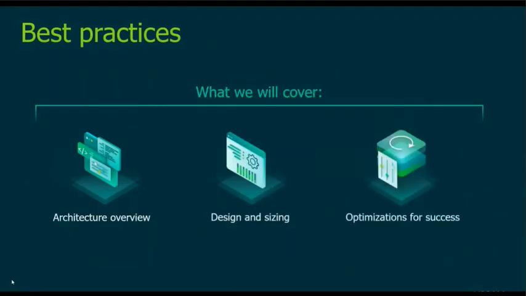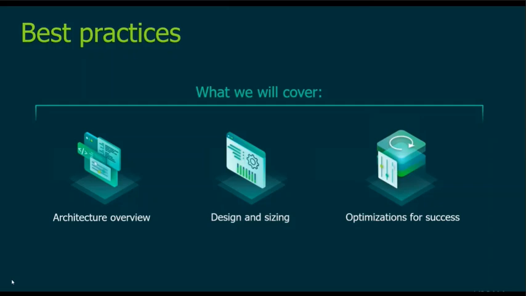Really what we're going to be covering today is a lot on architecture overview, whether it's what architecture Veeam needs in place or how we fit into the architecture you already have in place. And alongside that, going over some design and sizing tips and tricks to make sure that you're getting set off on the right foot. We'll definitely be touching on how to optimize the environment as well.